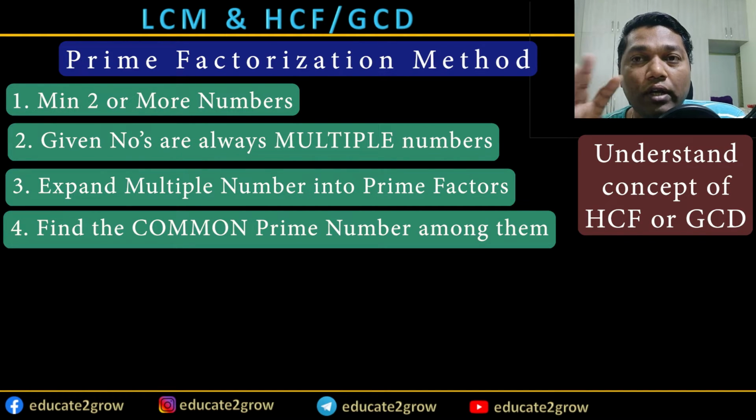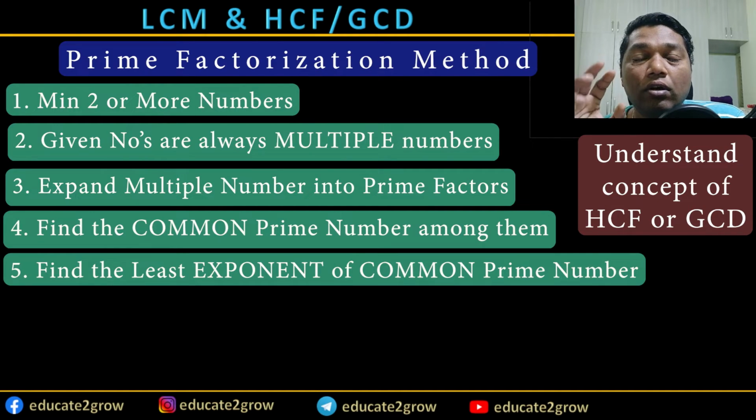So ultimately we need to find the common prime numbers. The next point is we need to find the least exponent of that common number, and take that as well.